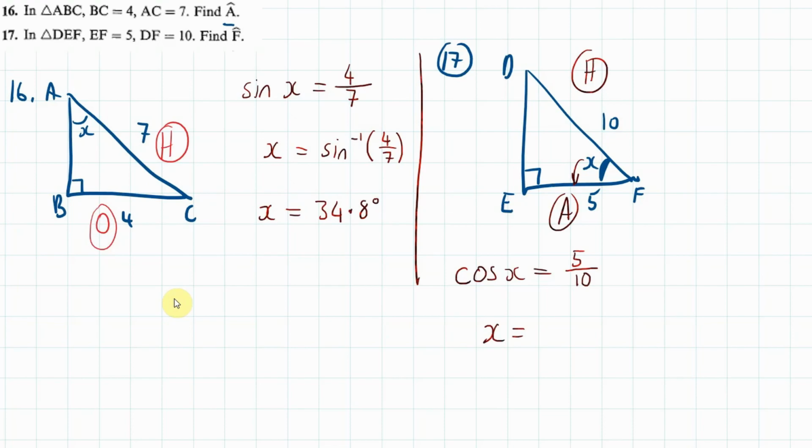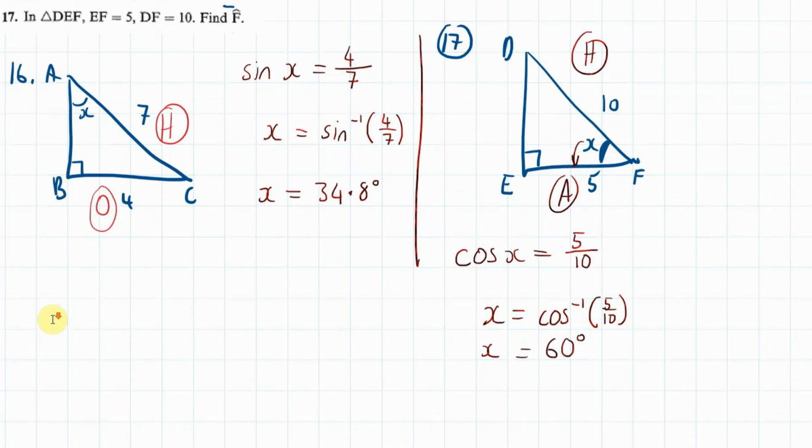We apply an inverse cosine to both sides. So I should get that. Now, how do I do that on my calculator? I press inverse cosine, or shift cosine, and it comes up with the inverse of cosine. I put 5 over 10, fiddle around with a bracket, and I get equals 60 degrees.